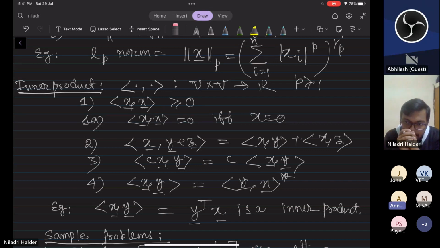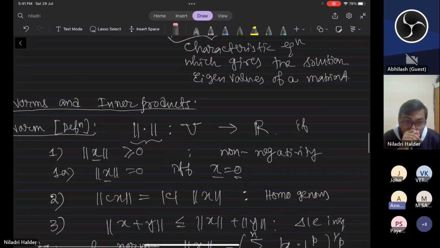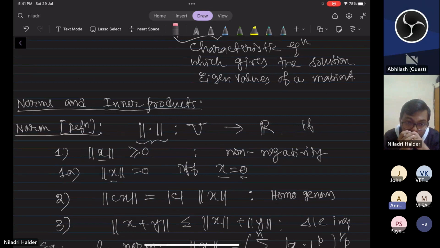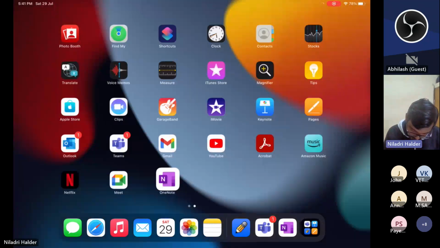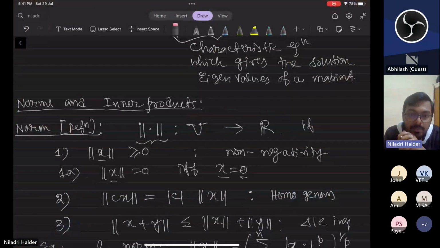Can you go up a little bit? This vector norm from V to R. R should have some properties to be called a field, right? Can the inner product and norm be defined from every vector space to every other field, or only R? R is called one of the fields because it has some of the properties.